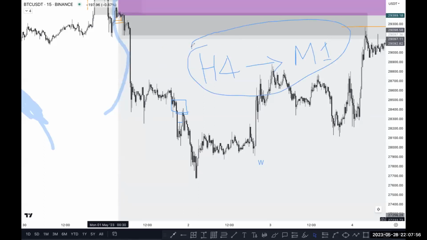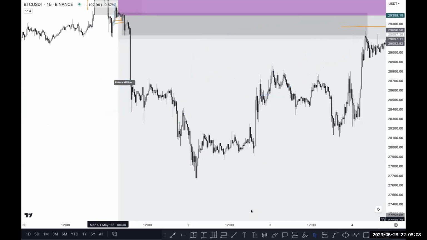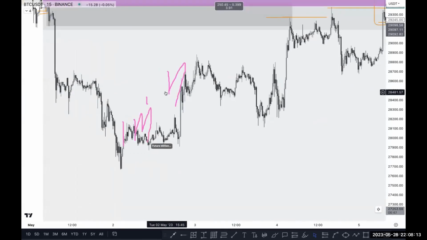And so many refinements, you can say super refinement. 4 hour refined into a 1 minute time frame to take a decision. So this can be a little bit hard for you. When you use the 15-minute time frame, then you will get so many entries.